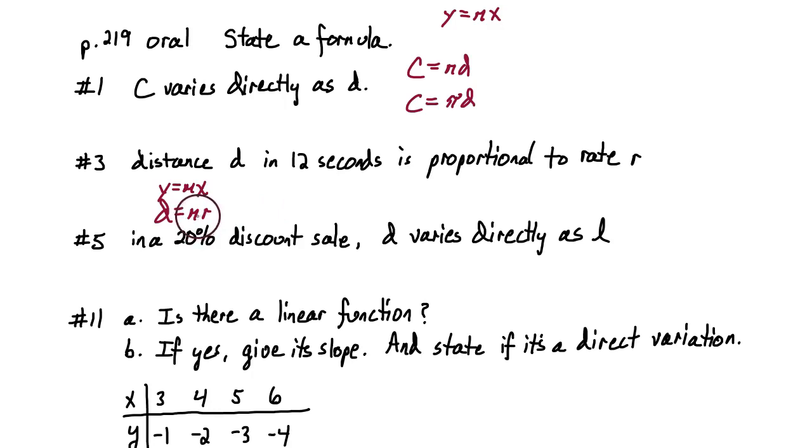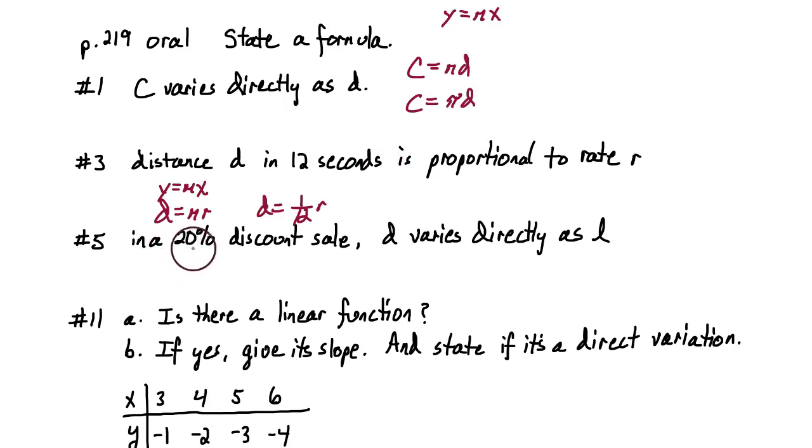But remember that the value of m is given to us in the problem. So let's look at the question again and see if we can figure out the rate. If a certain distance can be covered in 12 seconds, then 1/12 of the distance can be covered in 1 second. So our rate is 1/12. Distance equals 1/12 times r.